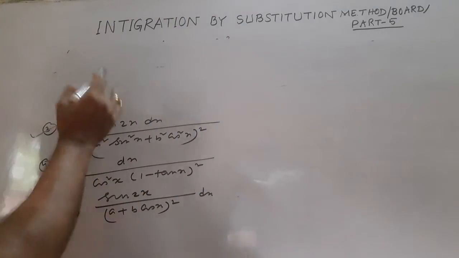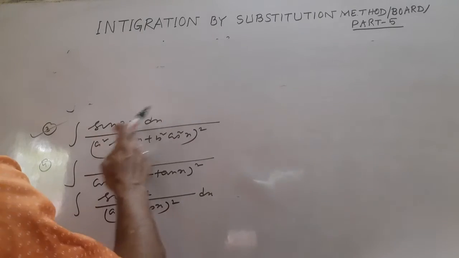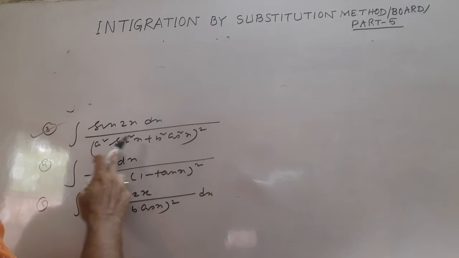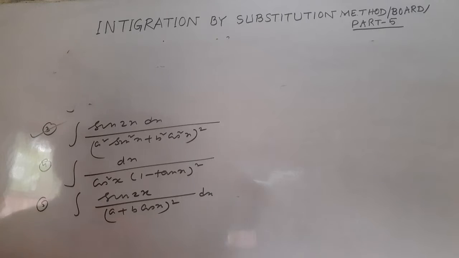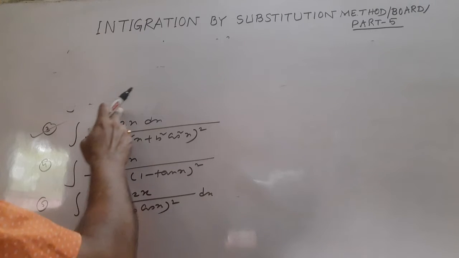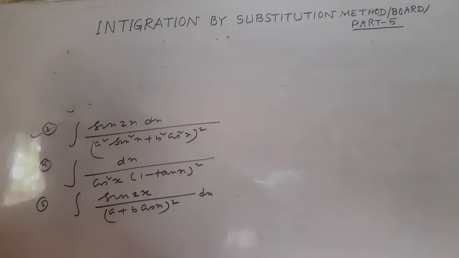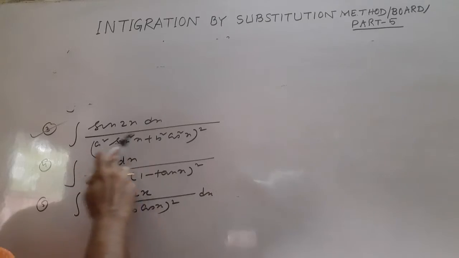So number 3, sin 2x by (a^2 sin^2 x + b^2 cos^2 x) whole square. Now, if we consider sin 2x equal to z, we are not getting this one.